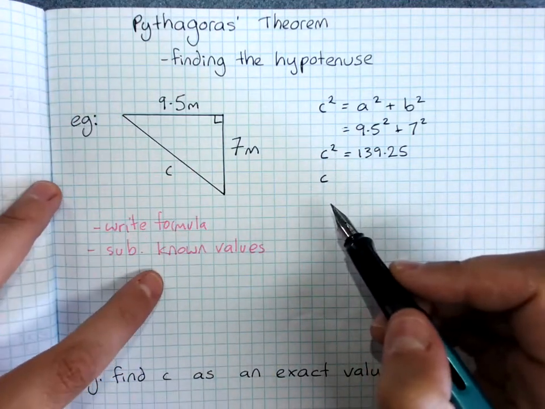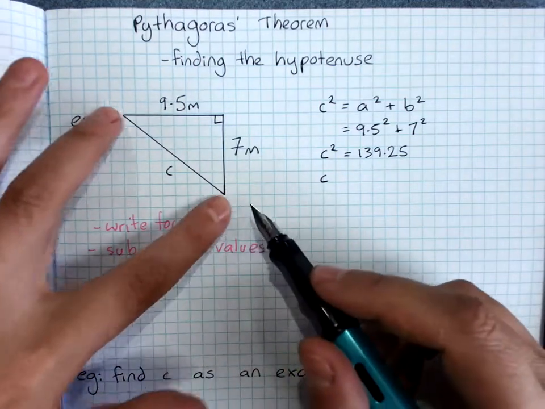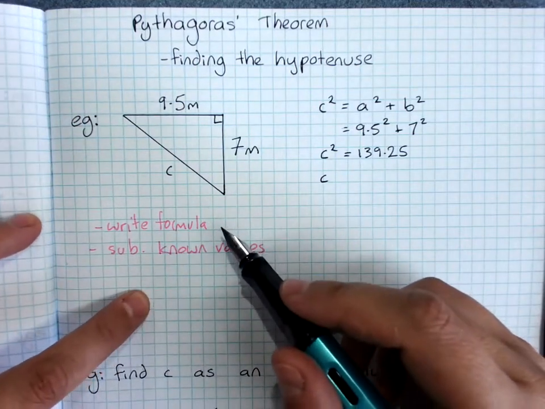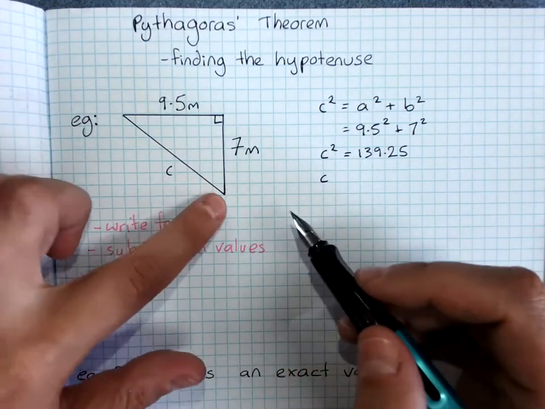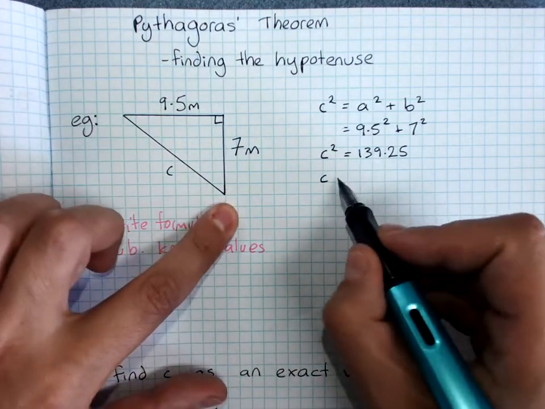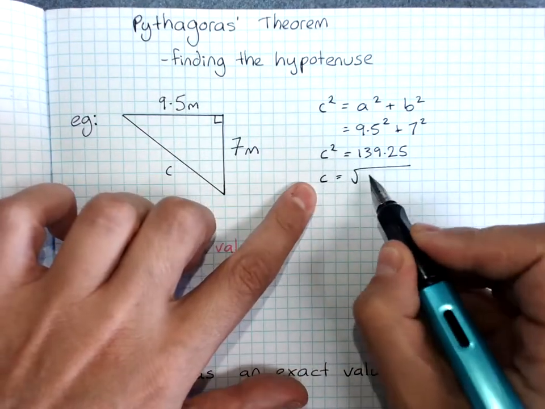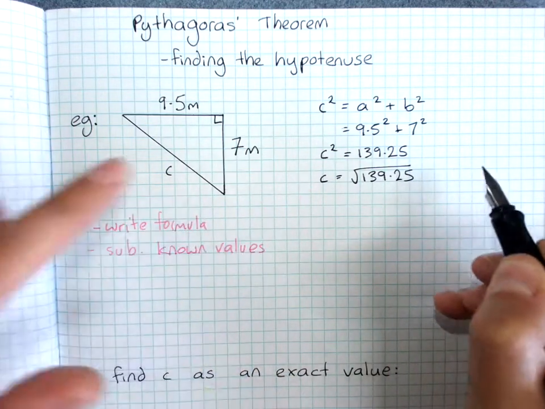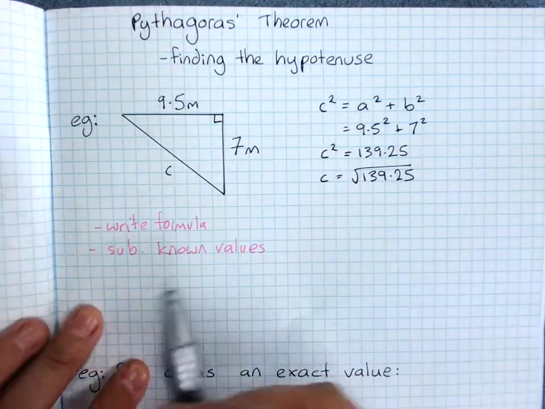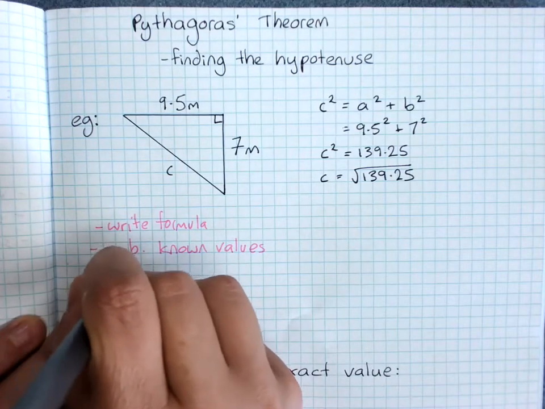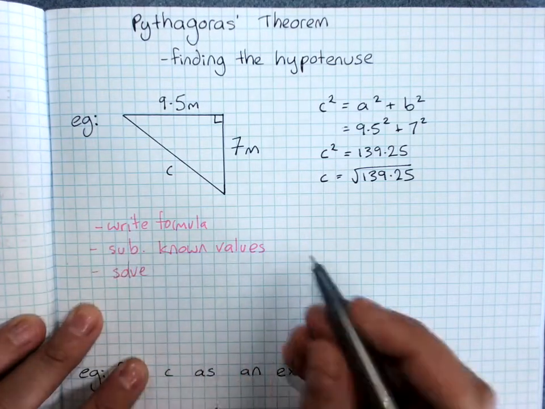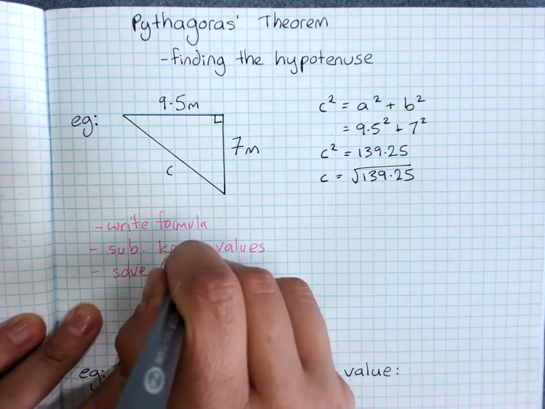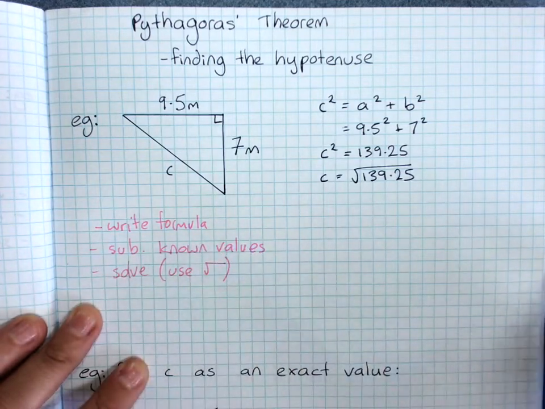So you remember when I had a square out here that was 25 centimeters squared, I found the square root of that to discover that that length was 5. So c is the square root of 139.25. So our second step, or our third step, is to solve, and remember we need to use the square root.